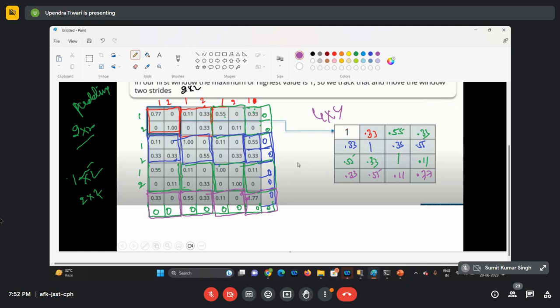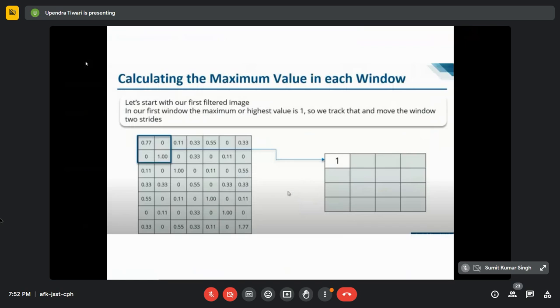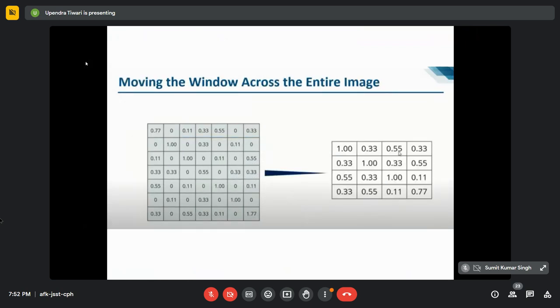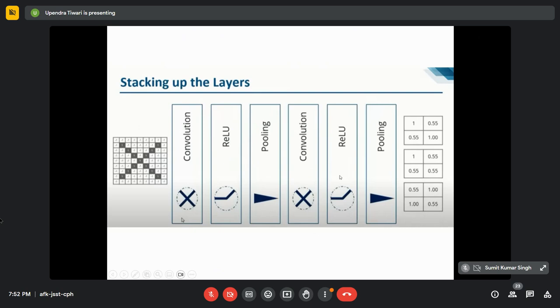Now we have applied this ReLU on one filtered image. In this way, we'll be applying ReLU on all these three. You see, this convolution, ReLU, pooling we had applied 2 times.